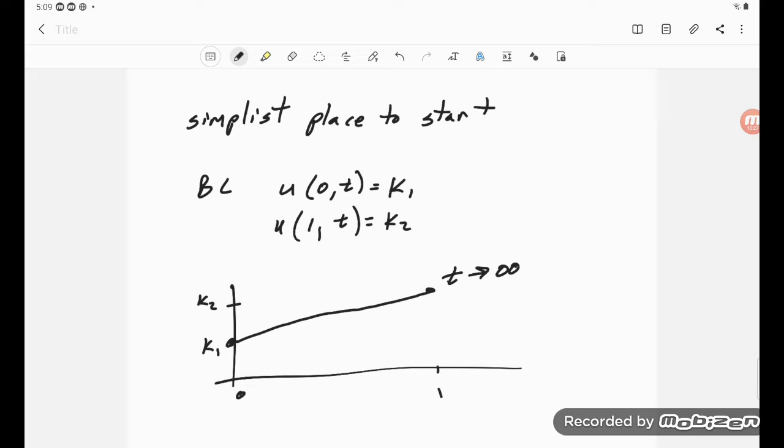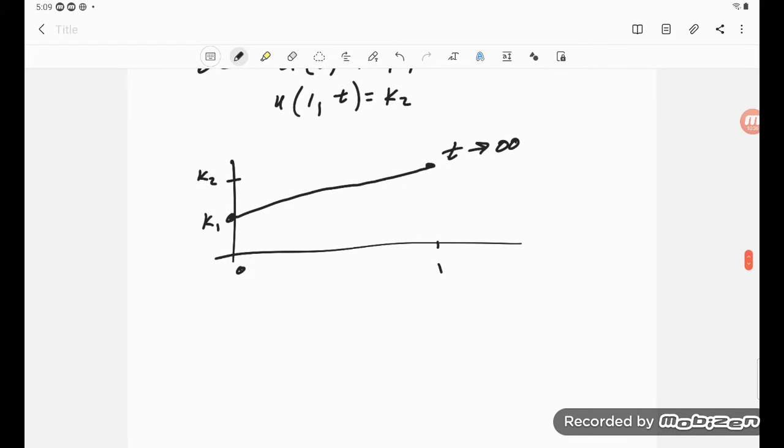And so, since that's a straight line, here's the basic idea they suggest: let's just get the equation of that line.